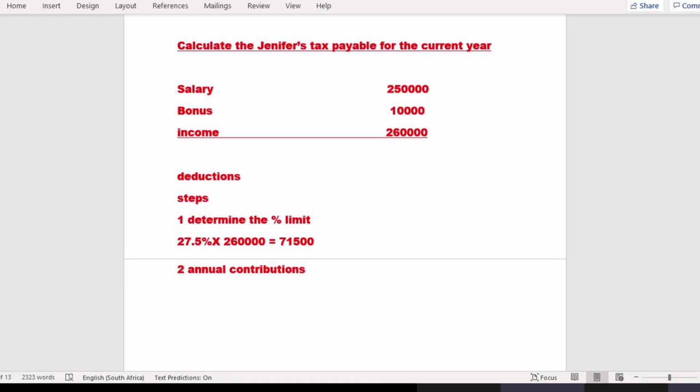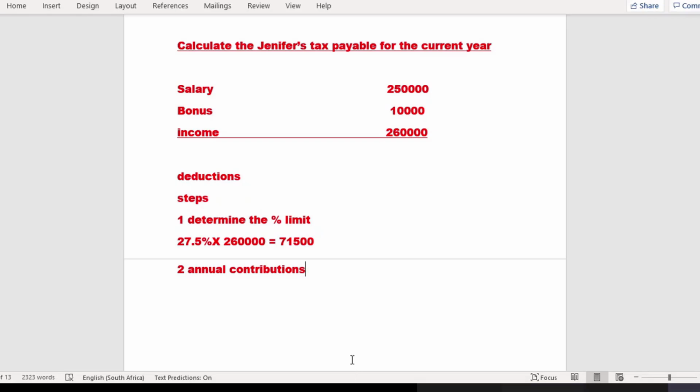You add the contributions, and then after adding the contributions, you're going to find out which one is the lesser between the total of the annual contributions and the taxable income, I think.